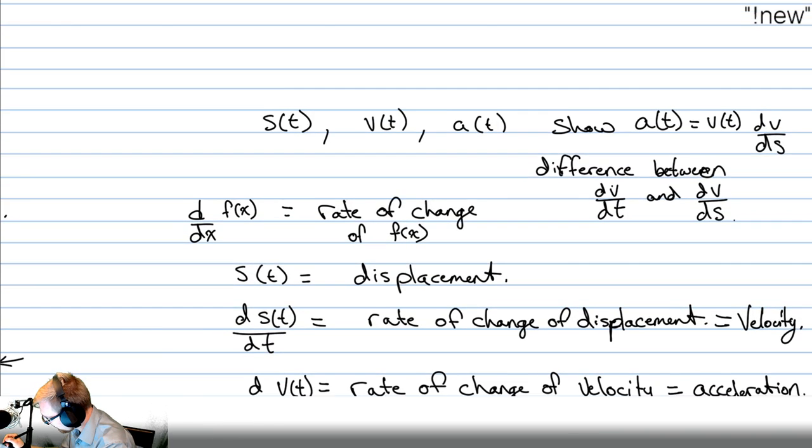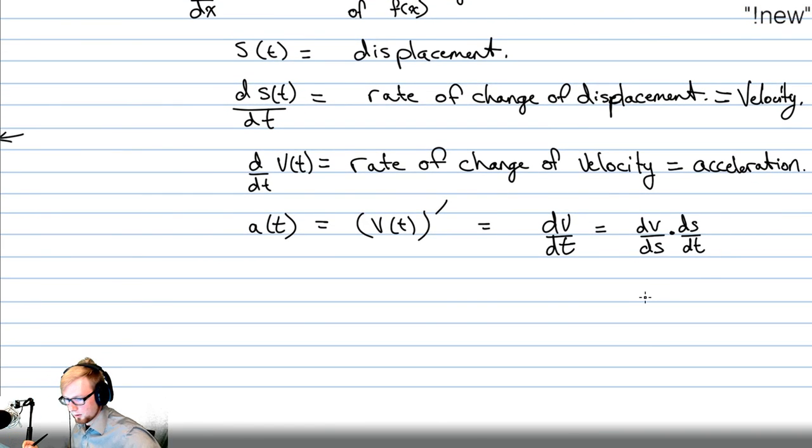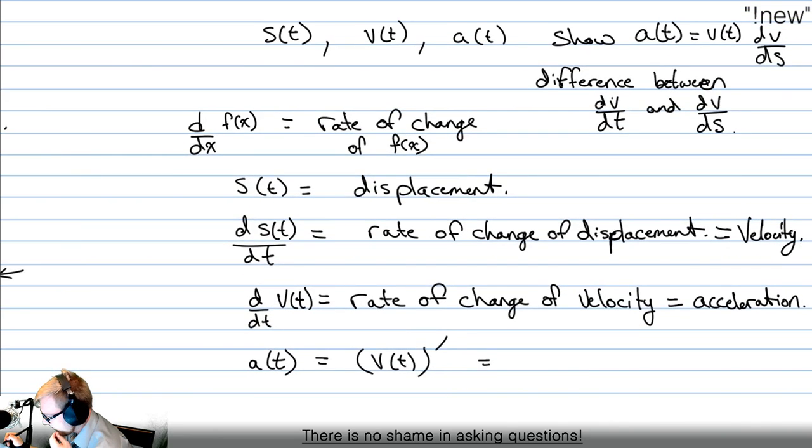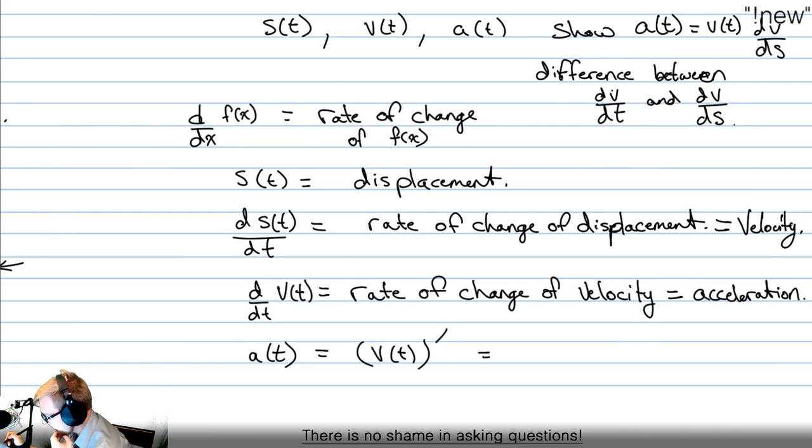I think that's what we're going for. No, we're going for dv ds. How do I write this? I want to go with dv ds. Change of velocity versus displacement.